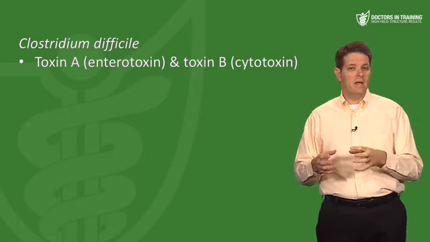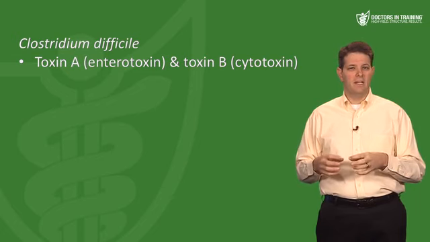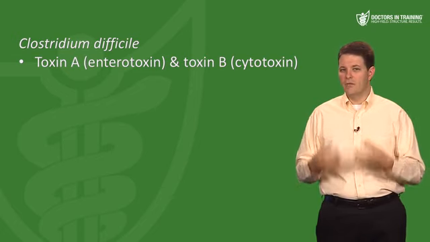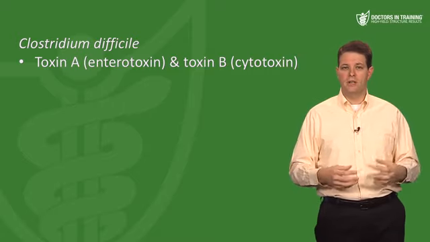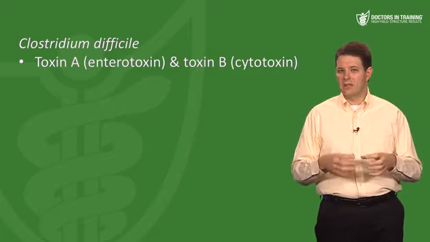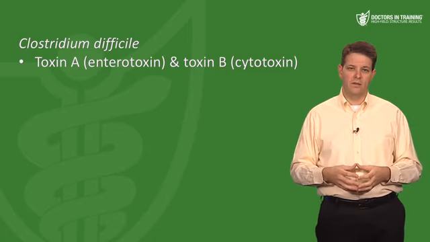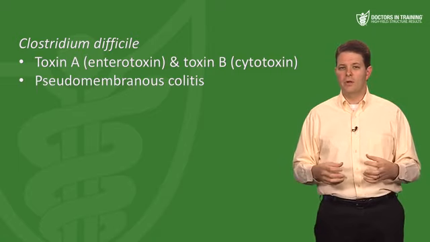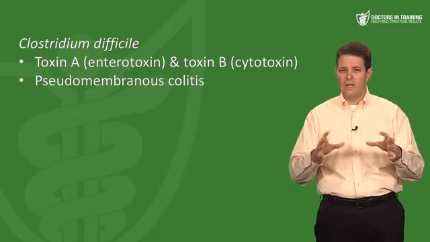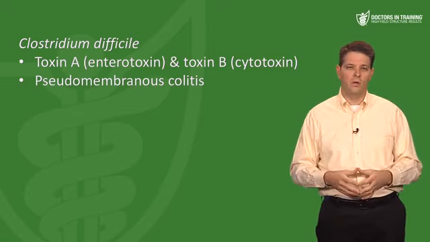So toxin A binds to the brush border of the gut and leads to intestinal fluid secretion and inflammation. And toxin B, which is even more potent, causes disruption and dysfunction of the actin cytoskeleton in the intestinal mucosal cells. Now, this results in pseudomembranous colitis, where inflammatory debris forms a film or pseudomembrane that covers the mucosal surface of the colon.